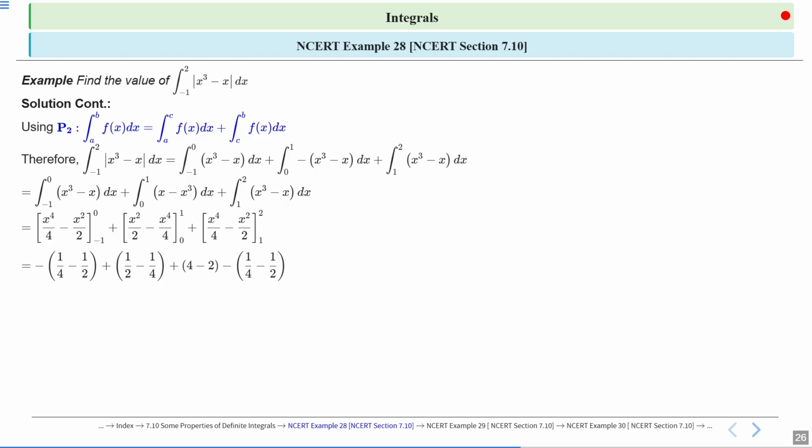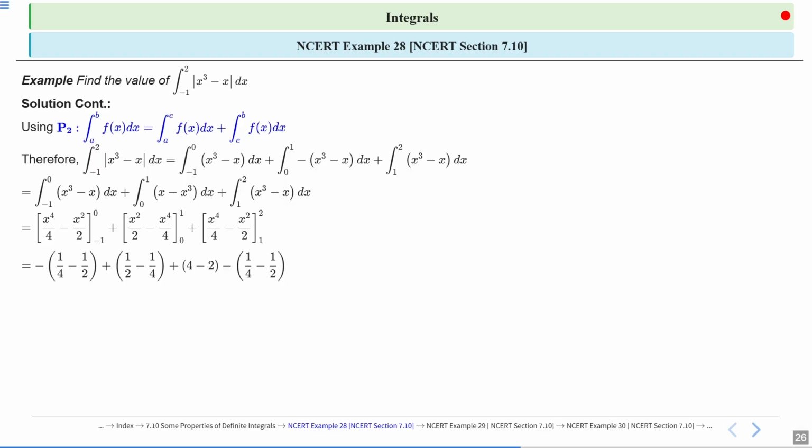So at 0, it is 0, so we don't need to put it. And when we substitute minus 1, it becomes minus 1 by 4 minus 1 by 2. Plus at 1, it is 1 by 2 minus 1 by 4. And at 0, it is 0.